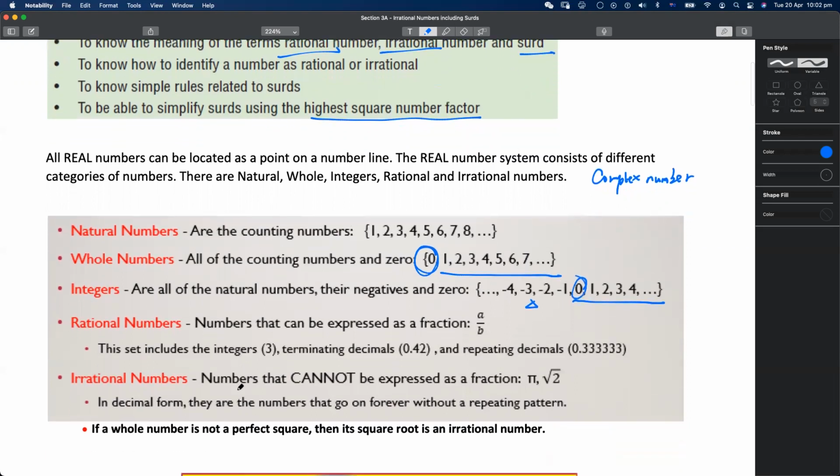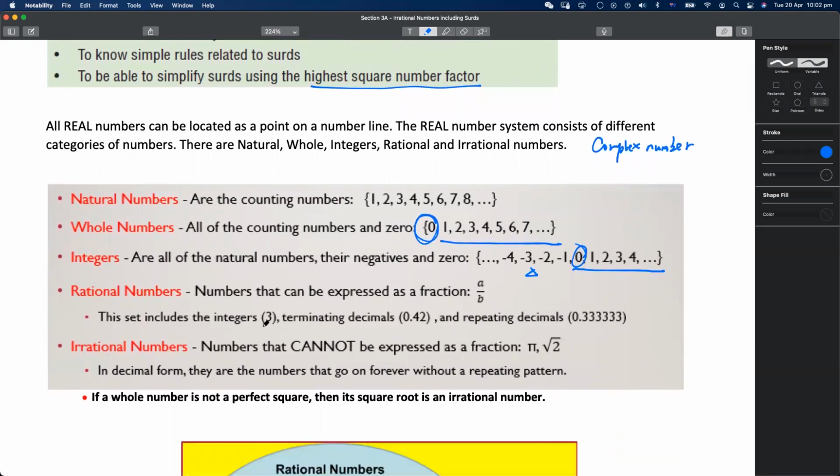Rational numbers are numbers that can be expressed as a fraction, a over b. So there are 3 kinds of rational numbers. The first set includes the integers, for example, 3. The second type is terminating decimals, which means this decimal number is going to be terminated, in contrast to the repeating decimals, which we have here.